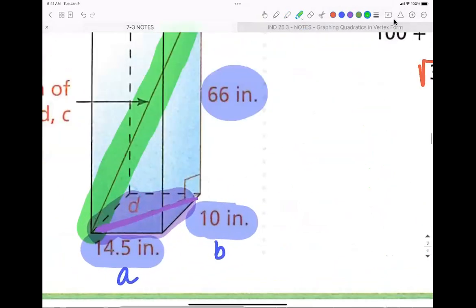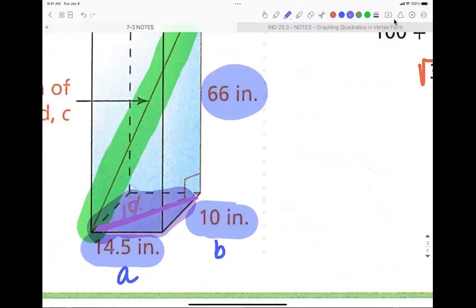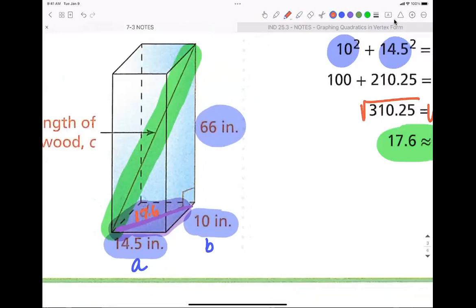So let's go ahead and write that in there. The diagonal of that was 17.6. I don't know if you can see that very well. Let's try red, see if that shows up any better. Does that show up a little better? Not really, it's kind of bold. All right, so we know the diagonal is 17.6.